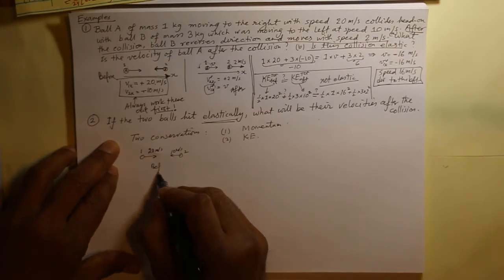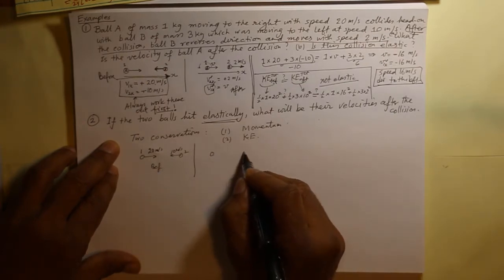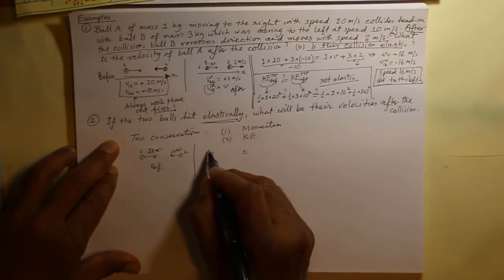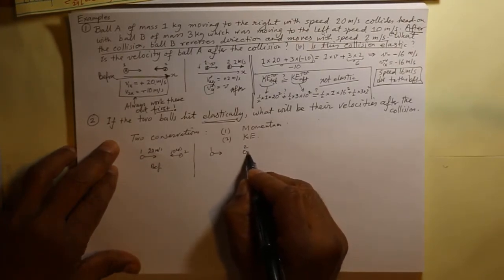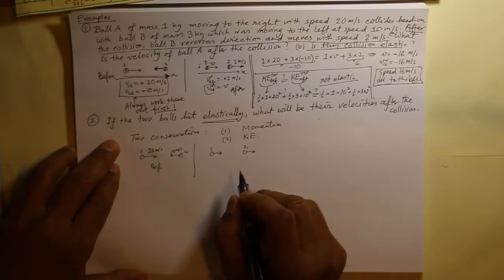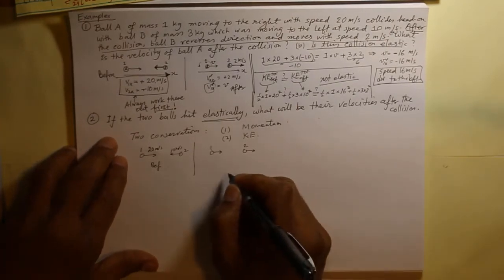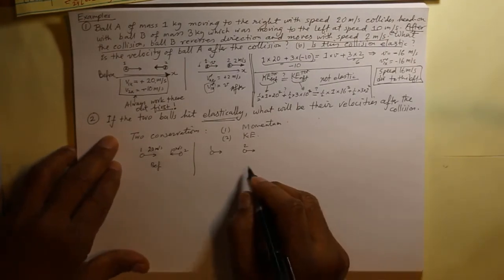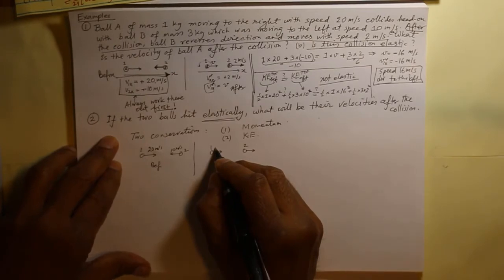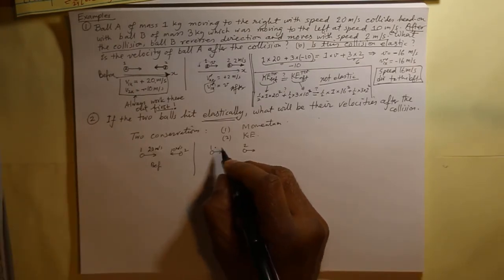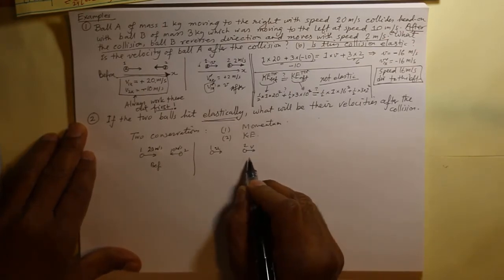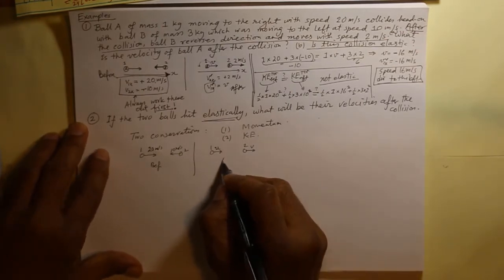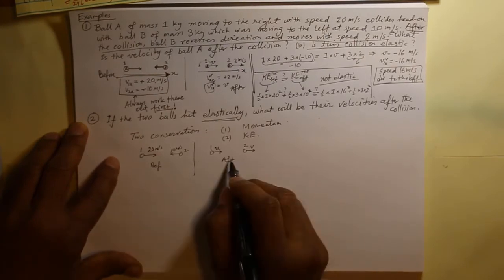This is the before, but the after I don't know. This is 1 and 2. Maybe you can just take both to the right and work out the answer. I usually like to use simpler symbols rather than primes, just for the sake of algebra. So this is the after.